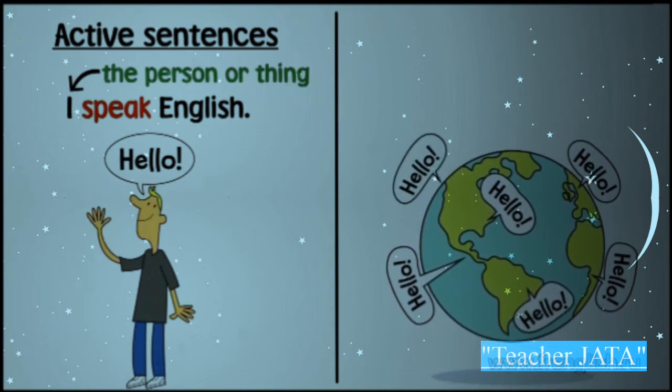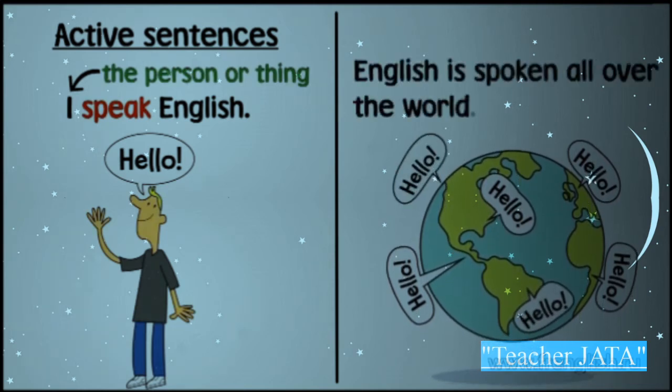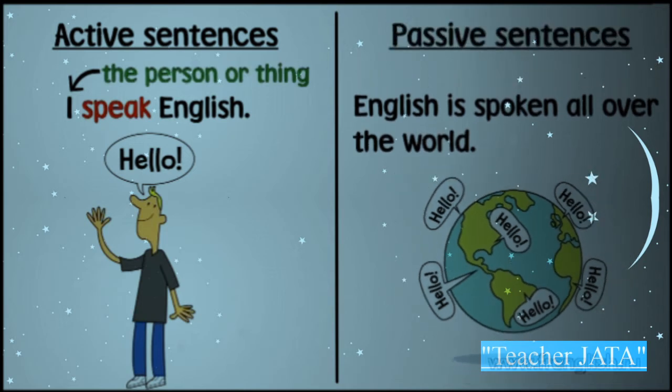English is spoken all over the world. We use the passive when we are more interested in the action, or when we don't know who or what does the action.